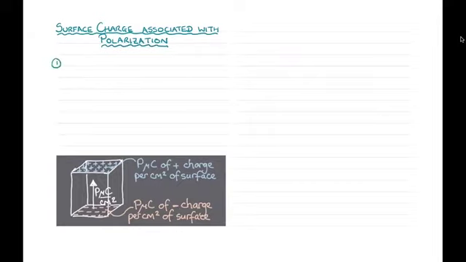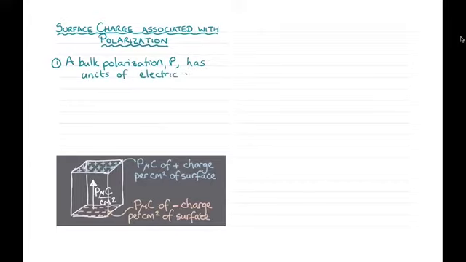The first is that a bulk polarization, which we call P, has units of electric dipole per unit volume.